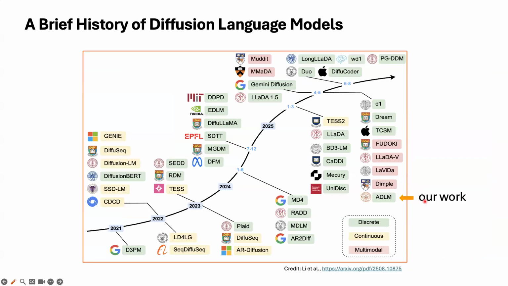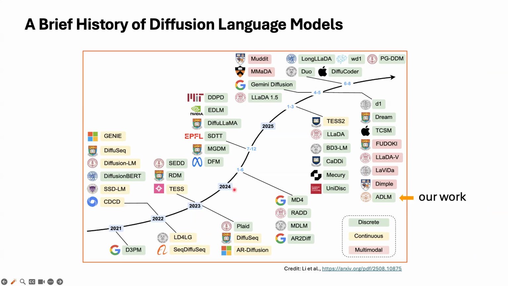In terms of the history of these diffusion language models, the idea goes back to the 2015 paper by Sohl-Dickstein et al. But at scale, the first model here was D3PM, a masked diffusion model for autoregressive. Then there's a lot of interest in 2022. You can see the number of papers there. By about 2023 as well, you can see the scale of interest in terms of big models is roughly the same.